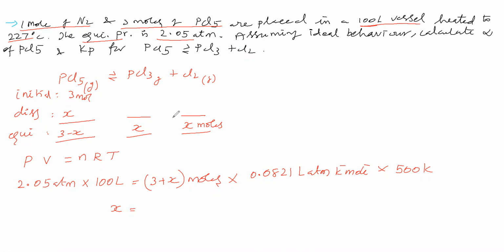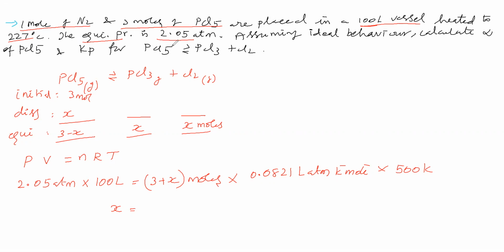And see, initially what we have taken in the vessel: PCl5 3 moles and N2 1 mole. This N2 does not react with any one of these substances. At equilibrium, this N2 will be present, no? This N2 also will exert pressure, no?